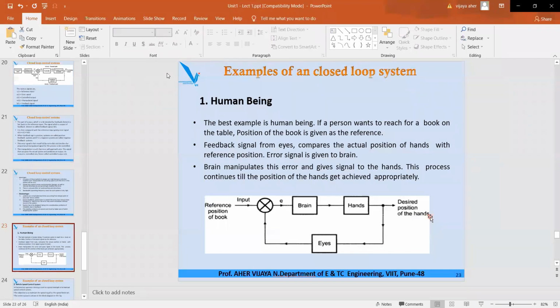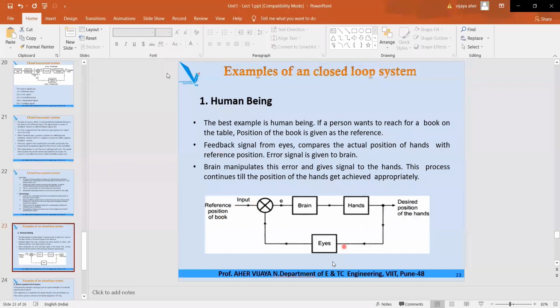No? Okay, just go to this slide. So this is the best example, the human being, an example of closed loop control system. If a person wants to reach for a book on the table, the position of the book is given as a reference input.